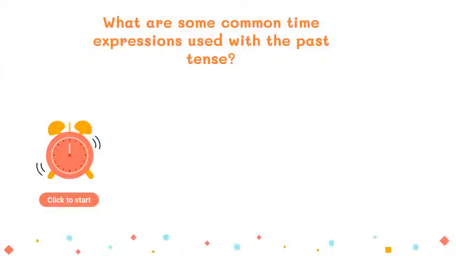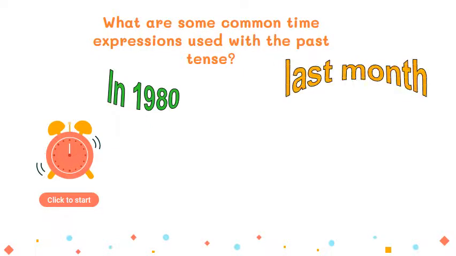In order to show that the action is in the past, I have to use some time words or time expressions. So what are some of these time expressions used to show that the action happened in the past? In 1980, for example. In 2001. Last month. Last week.